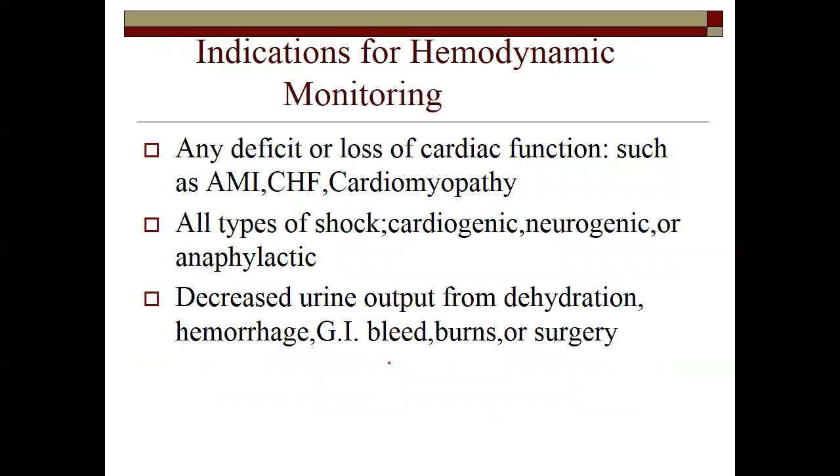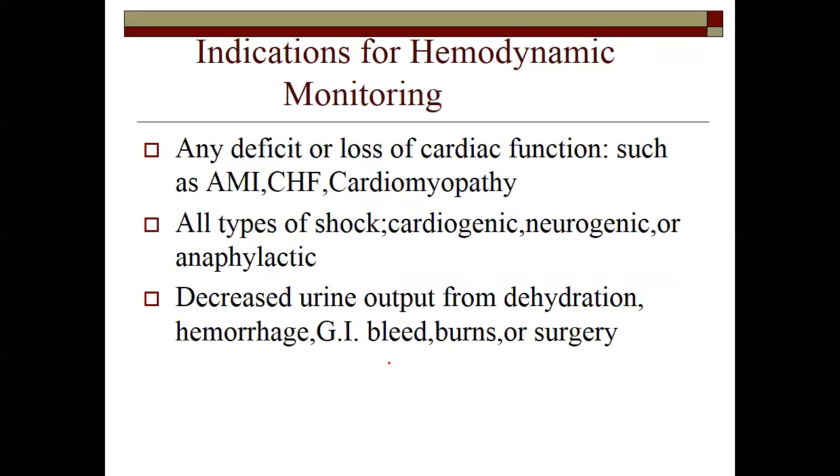I use it for CHF, so all types of shock: neurogenic, cardiogenic, septic, anaphylactic. And if a patient has decreased urine output for whatever reason, that's a poor man's CDP. If they're not producing urine, I have trouble assessing their actual cardiac output.